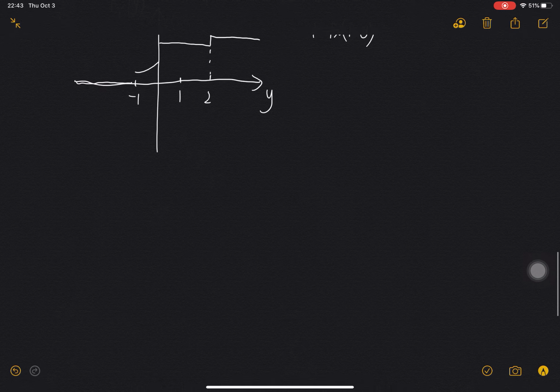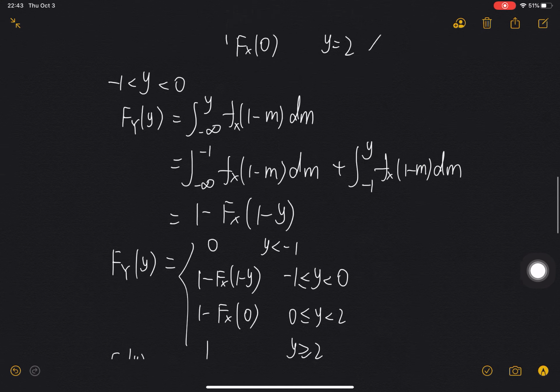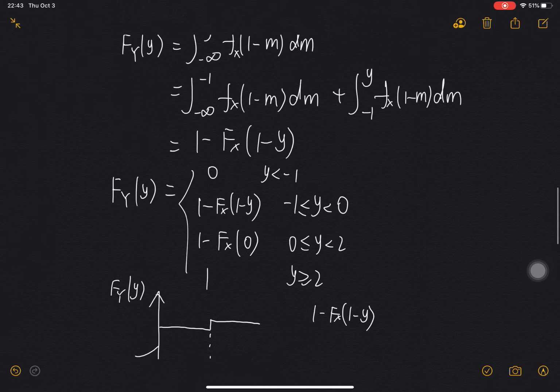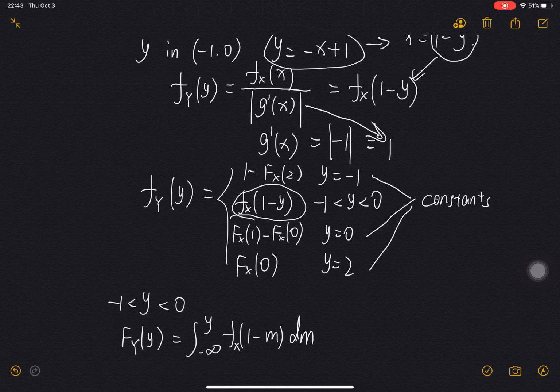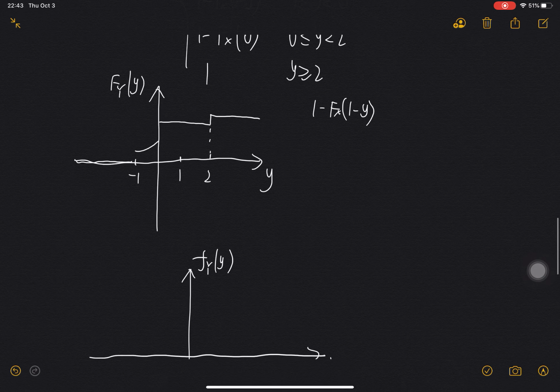Okay. Next, let's draw the mass function of y. Let's go back to see what it looks like. Right, it looks like this. Only this part is a function, and all other parts are constants. So the only thing we have to do is this.